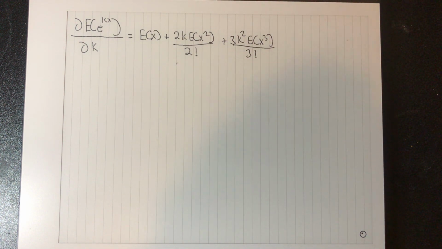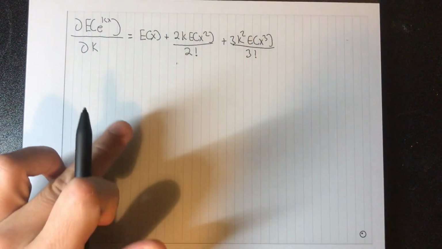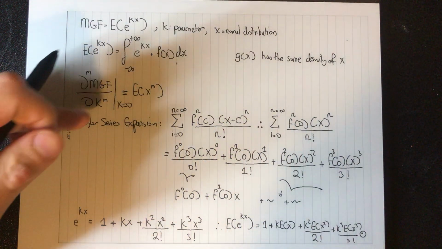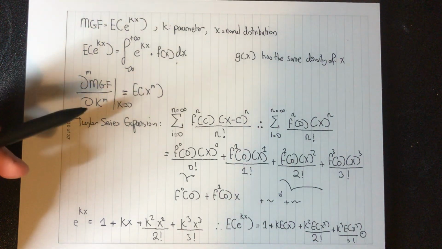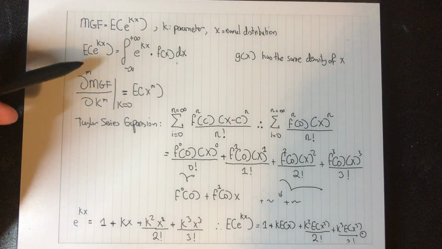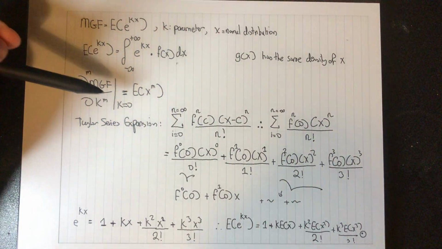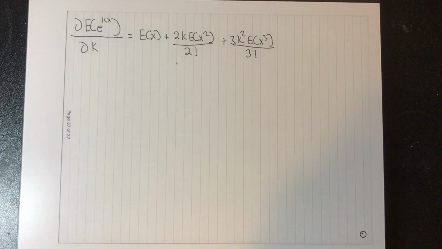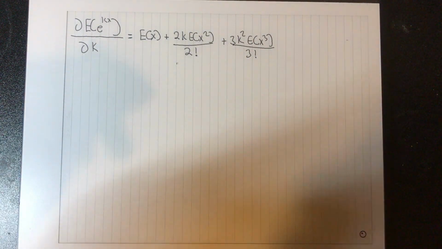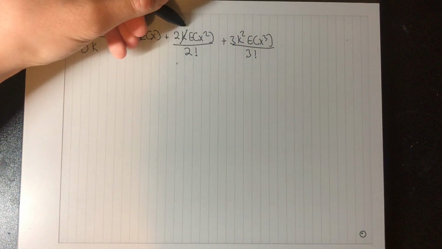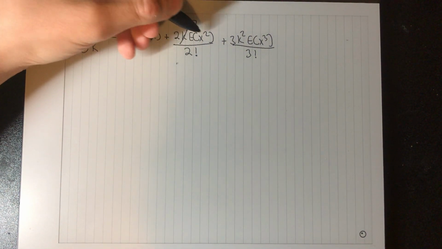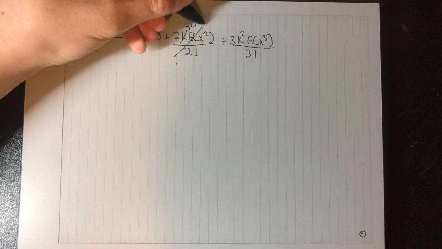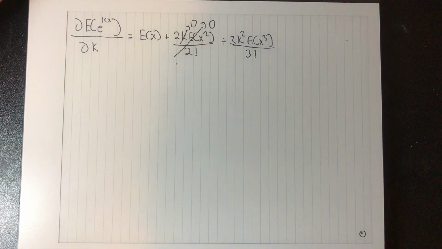And now remember that to get raw moments from the moment generating function, we take the derivative of it with respect to k and set k equal to 0. So let's do that. This will equal 0, and therefore this whole function will go to 0.